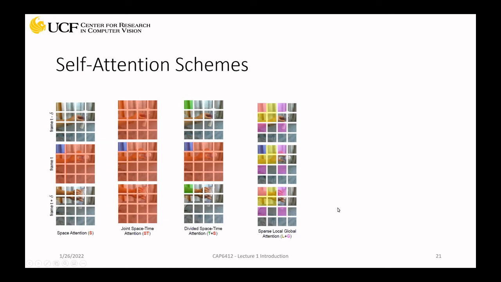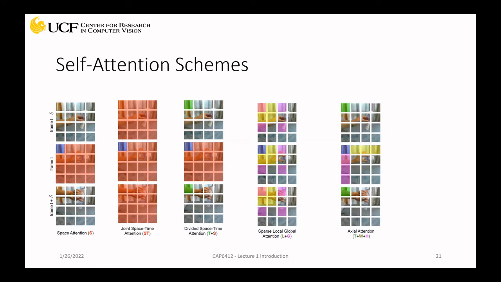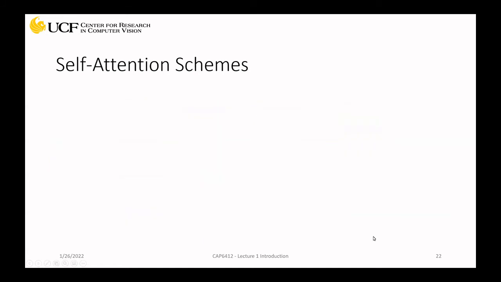And then this one, we have axial attention. What you do here is the time, the same location of this token, so from this frame, and then spatially you do the X and the Y. That's why time, width, and height: axial attention.